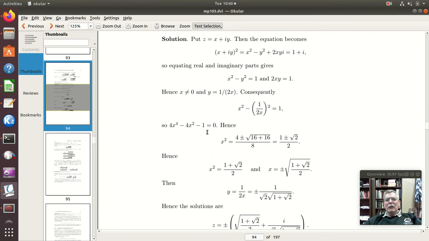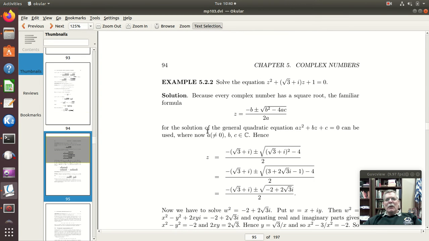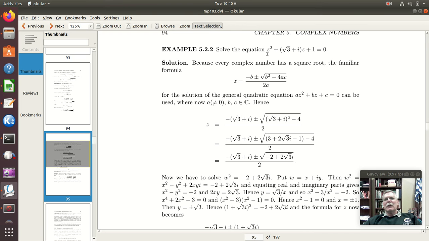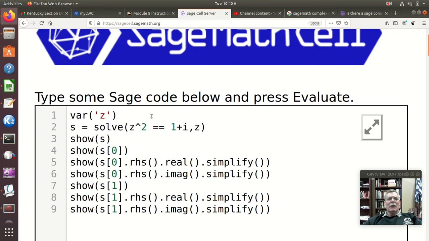Now if we go down here to 5.2.2, they want to solve z squared plus the square root of 3 plus I times z plus 1 equals 0. So the square root of 3 plus I times z. So I'll just go in here and say, okay, I want the square root of 3 plus I times z, and then that was plus 1 equals 0.